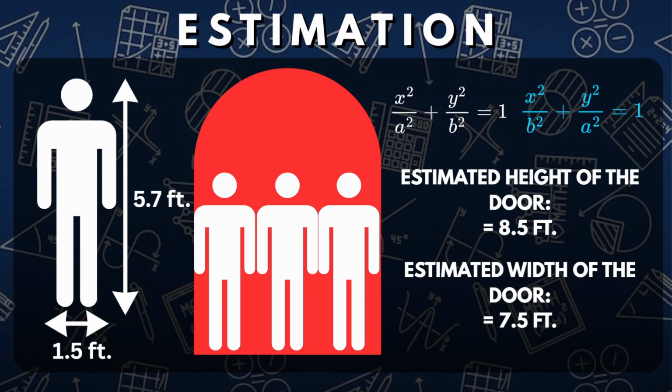Now, when we input that to our calculator, 7.5 divided by 1.5 would give us 5. So it can house about 5 people entering at the same time.